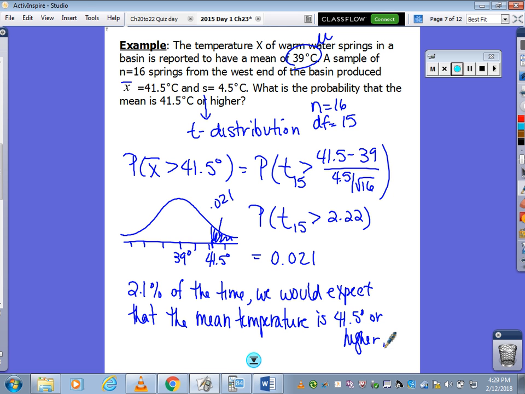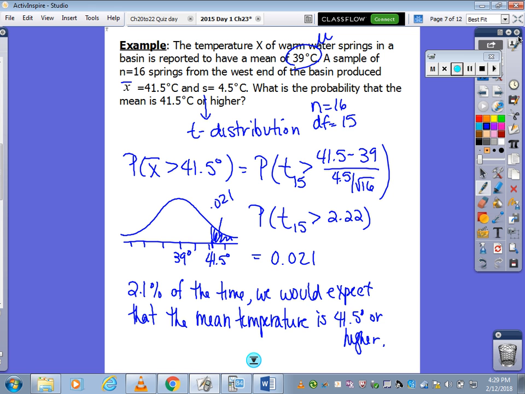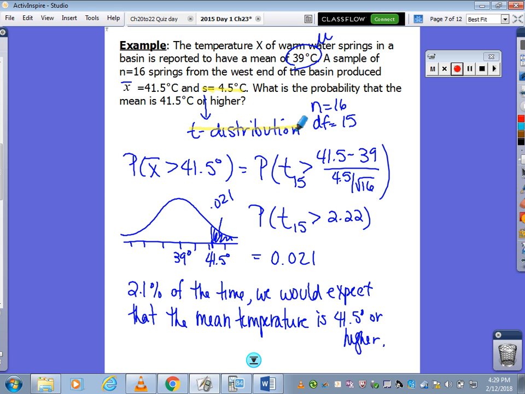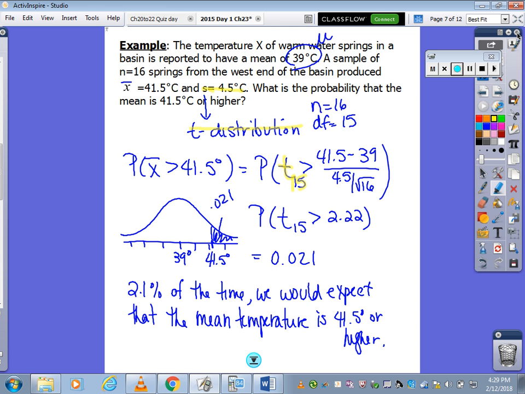All right, so let's review real quick what the important parts of a t-distribution question are. We know to use a t-distribution when we know s. That's telling us to use a t-distribution, and we have a mean and we're given the sample standard deviation. To find the probability, we have to change it into a test statistic, or t, with our degrees of freedom. So number 1, we have to find our test statistic.